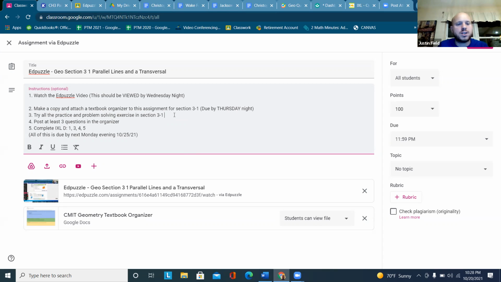Post at least 3 questions in the organizer. This is due by Friday, but you can start it Thursday because it's a lot of work. I'm going to need to see that tomorrow night.